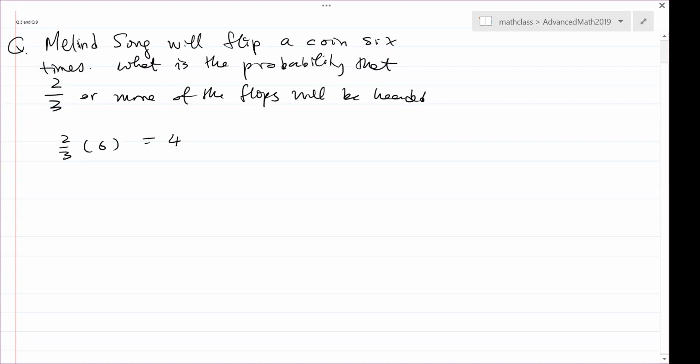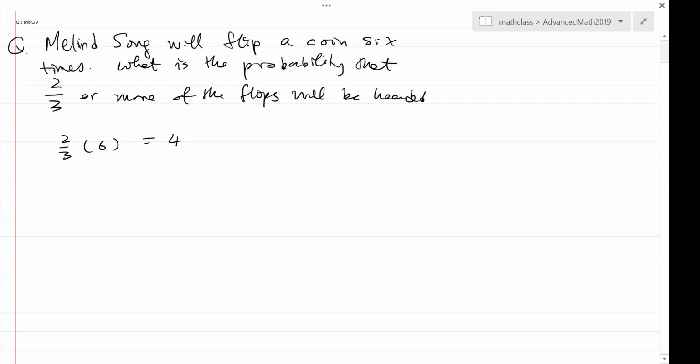So this kind of event consists of several events. They are not showing up at the same time. So you want to find the probability that exactly 4 of the flips will be heads, and the probability that exactly 5 of the flips will be heads.